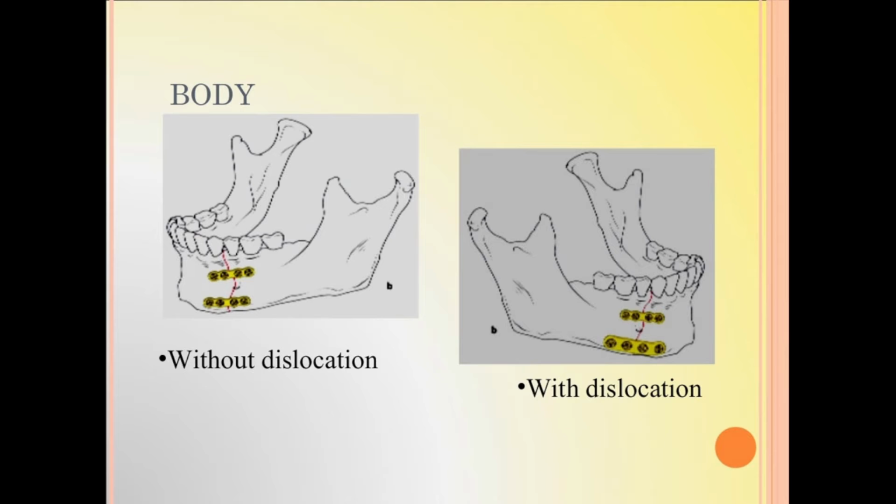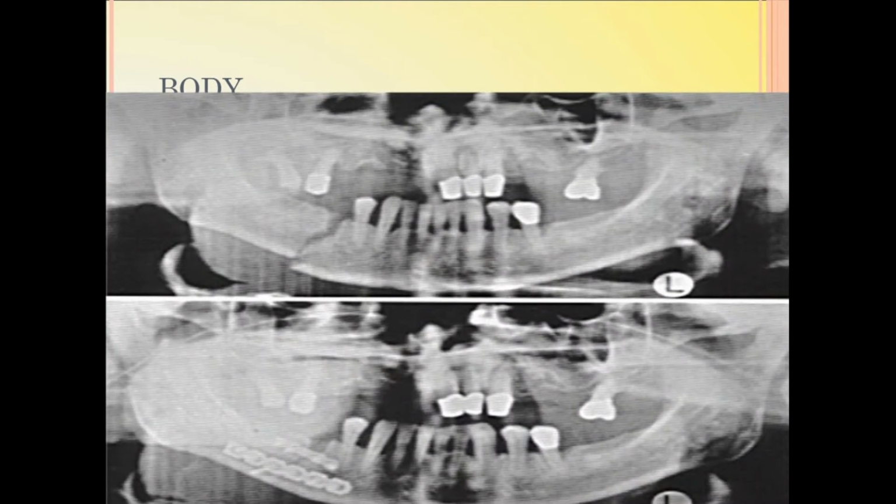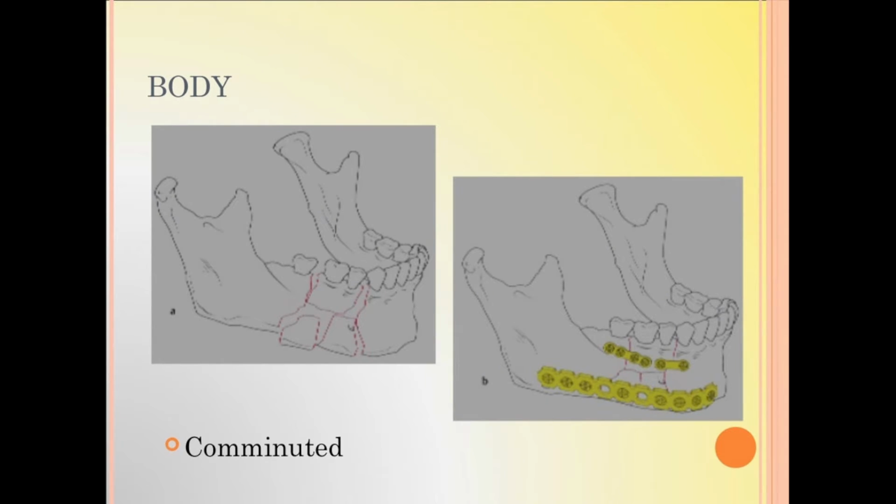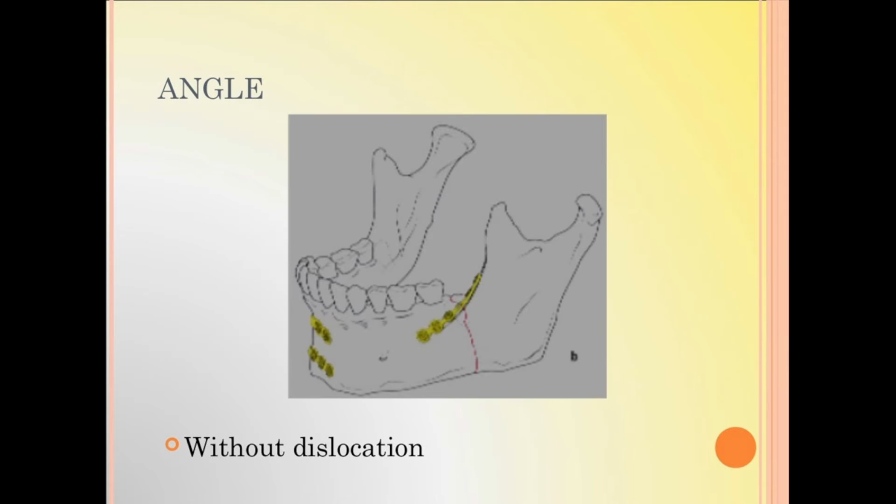This is osteosynthesis for body fracture without dislocation, first from left to right, and with dislocation. This is a variant of osteosynthesis for comminuted body fractures, mandibular body fractures.